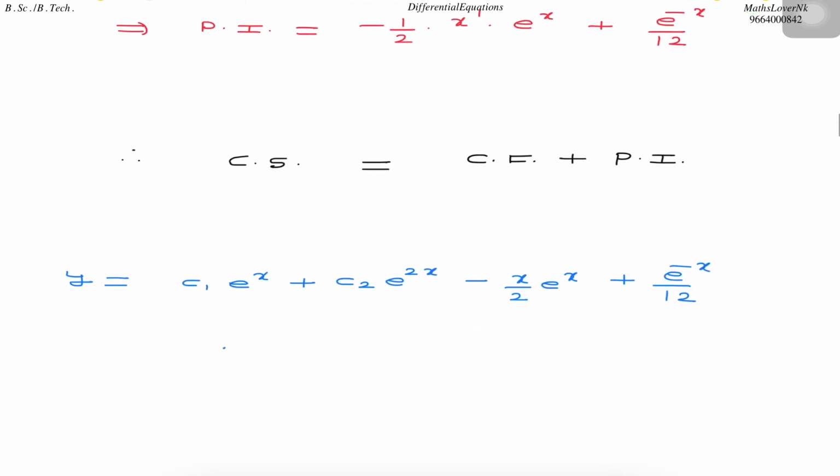That is our complete solution: C1 e to the power x plus C2 e to the power 2x minus x by 2 e to the power x plus e to the power minus x upon 12. That is our complete solution.